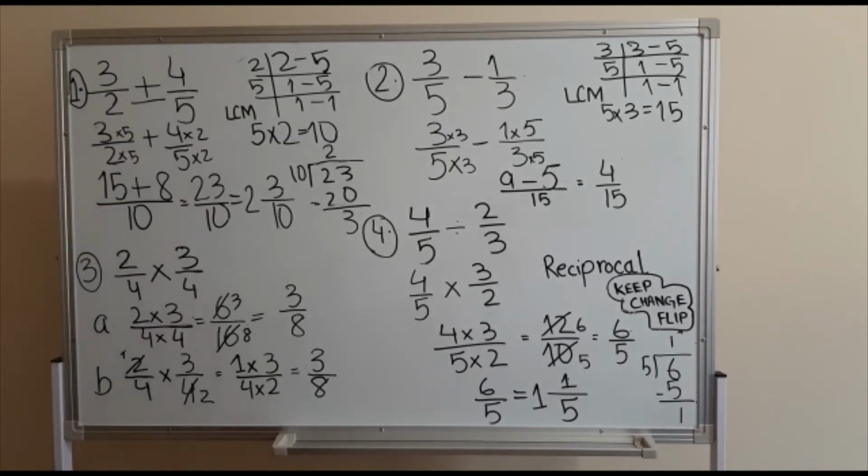Let's look at the last question, question number 4. It's a division question, and we can see that it says 4 over 5 divided by 2 over 3. Now, in order to do division with fractions, we have to first convert the division sign to a multiplication sign, okay? In order to do that, you take the reciprocal.